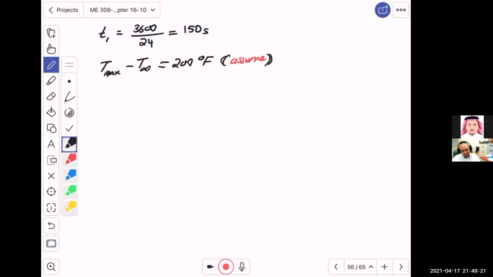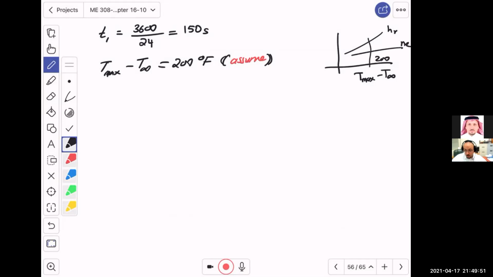We don't know it, I told you this in the beginning, so we need to assume it. Now, if we made that assumption, then if you recall, we have a figure for T max minus T infinity, and then we have HR and HC. So if we assume this equals 200, we can find these two.